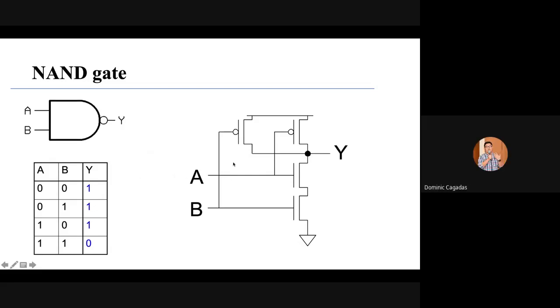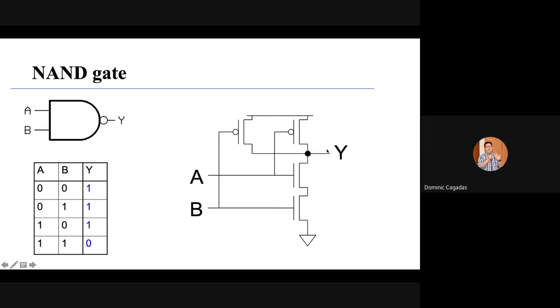So if our input A is high, our input B is low. If A is high, this is off, and this is on. Our B is 0, so this is on. So even though this is off, this one is on, so we still have a connection to our supply.